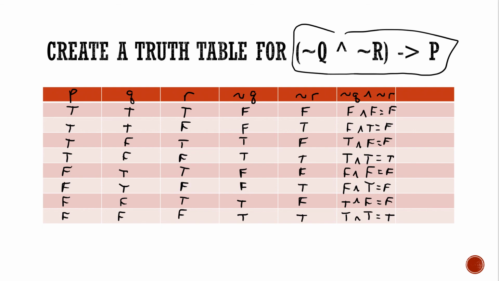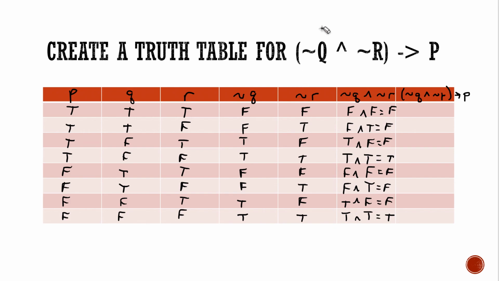So this last one, I'm going to do the negation of Q and negation of R, arrow, and P. Now again, we're going to need to do some copying. So for this part that's in parentheses, I'm going to copy the answers that I got when I worked out that previous column.